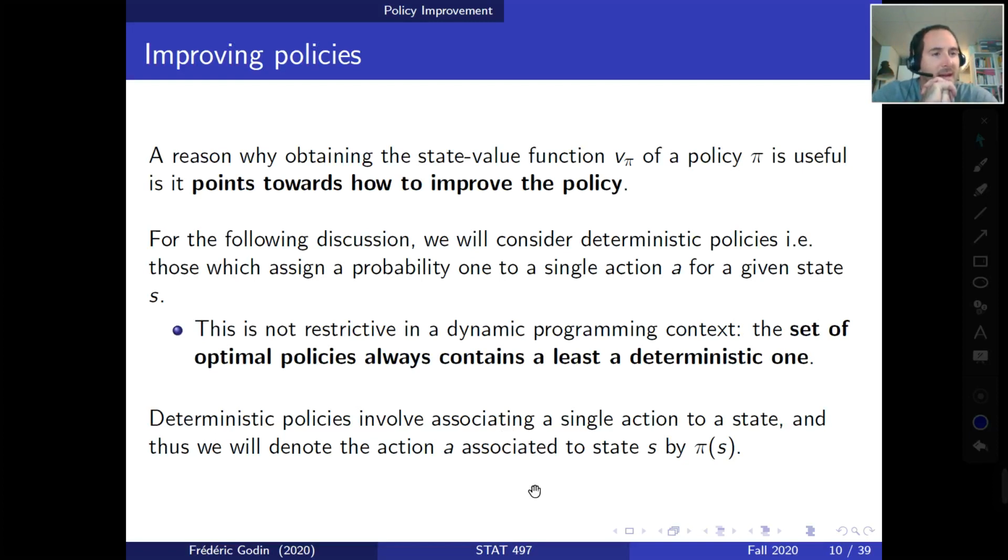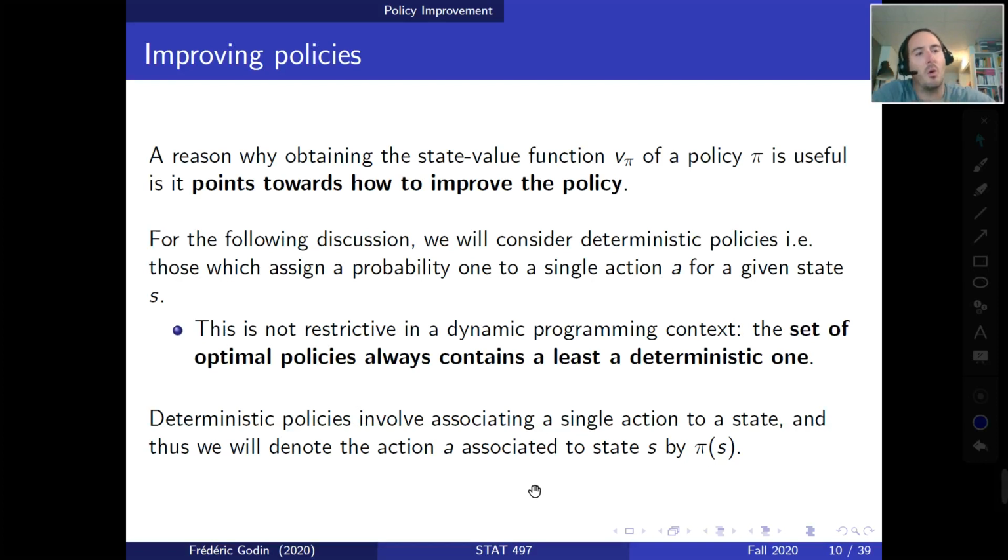In practice this is nice, but we're not over yet, because it's good to be able to calculate the value of some given policy, but we often want to do more than that. We don't want to know only for a fixed policy, but we want to know how to improve our policy so as to eventually converge to the optimal policy. The purpose of these dynamic programs or Markov decision processes is to find the best possible policy.